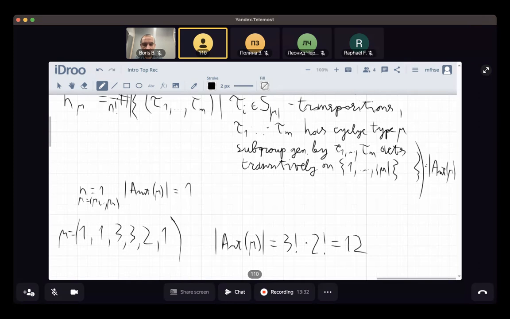Is the definition clear? And of course, like Guardo said, we can compute the number of automorphisms just by counting how many duplicates you have. So 3 appears 2 times, 2 appears once, and 1 appears 3 times.